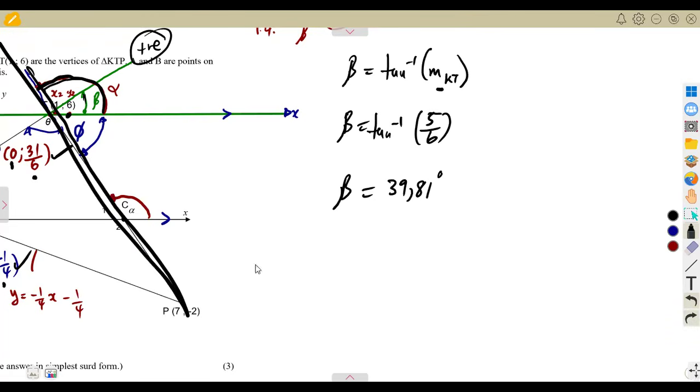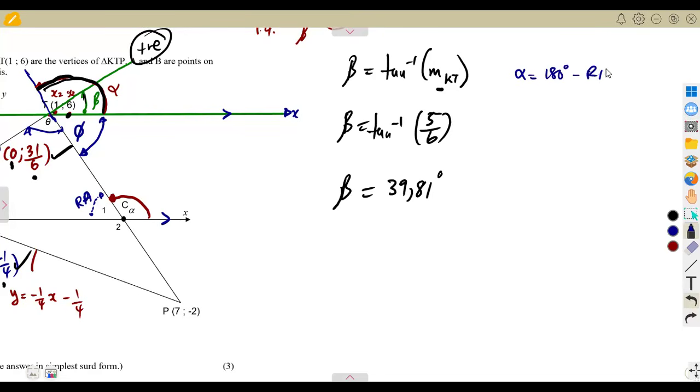Remember, I said all these lines have a negative gradient. So you go through that process of finding the reference angle, then alpha is going to be 180 minus the reference angle, because the acute angle on this side is our reference angle. So in this manner, our alpha is going to be equal to 180 degrees minus the reference angle.